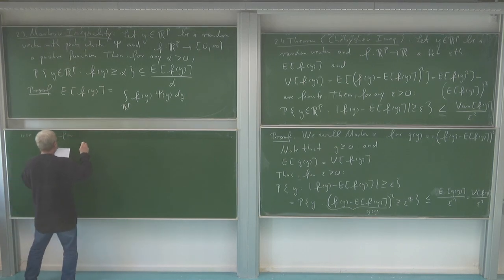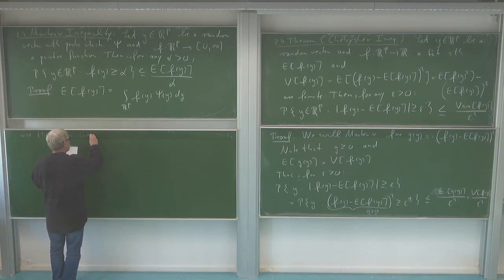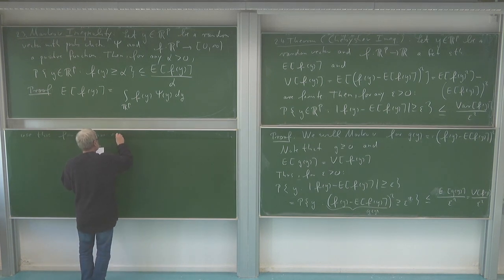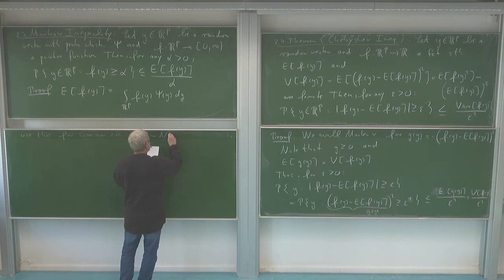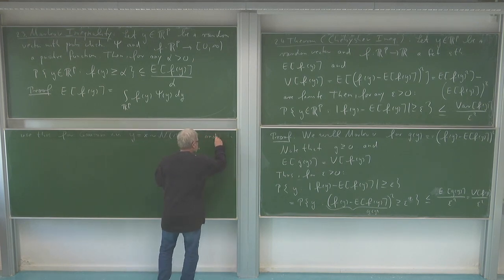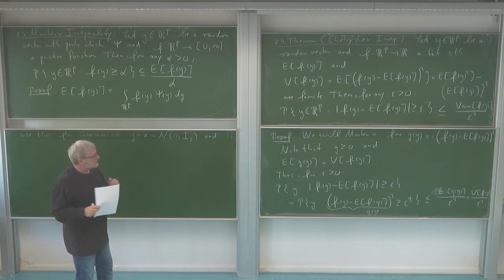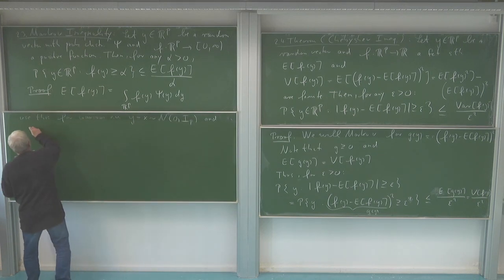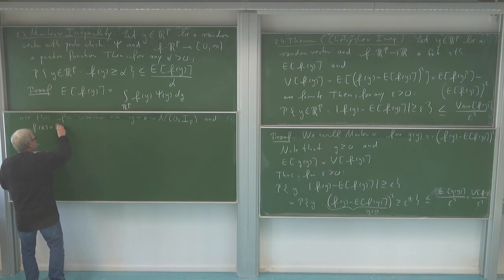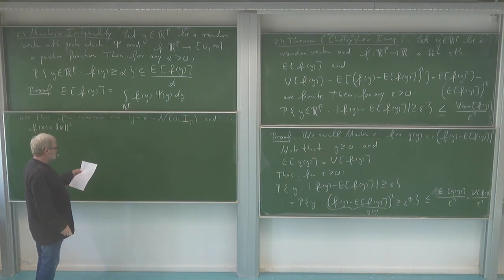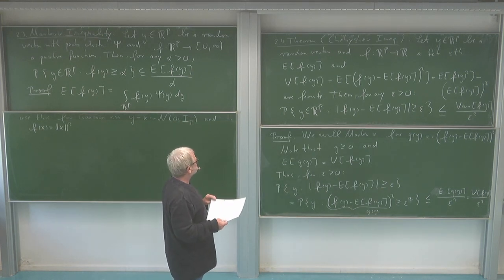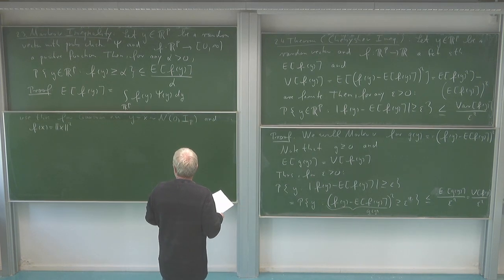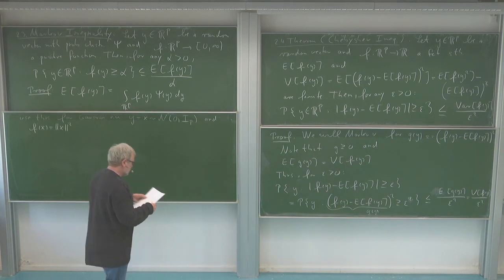Okay, so use this for our Gaussian random vectors. So now the y's are again the x's, which had the standard Gaussian distribution, and of course the function was the function where we take the square of the length. So f of x is the square of the length of our vector, and this is a situation to which I can apply Chebyshev, and of course we know what the expectation of this function is.